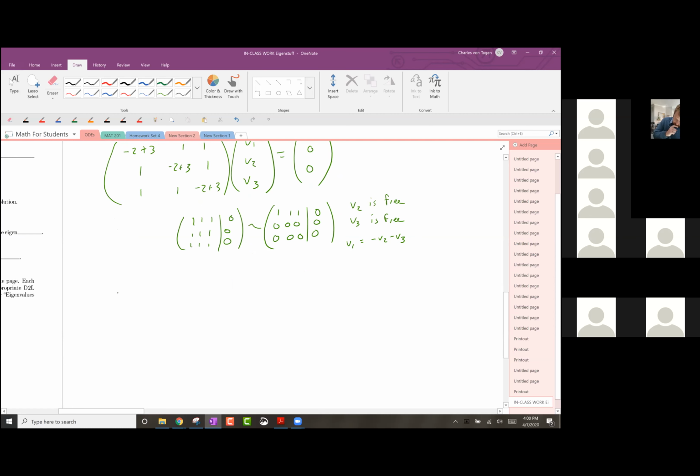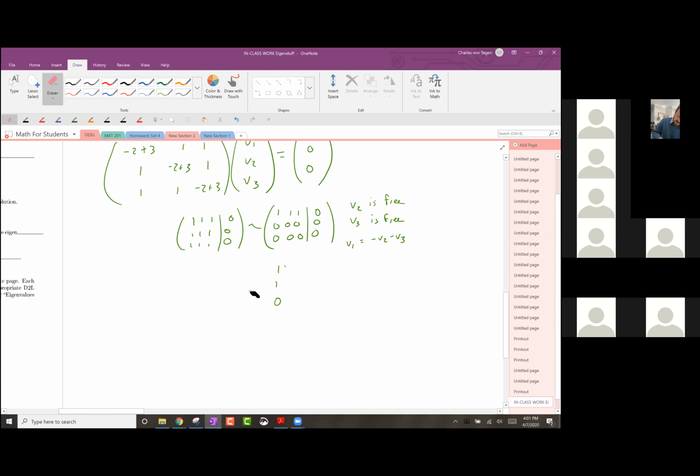I'm sorry. That's not what I want to do. That's a fib. What I want to do is write this the way I had you practice writing these way back when we were doing these systems of equations. And so we could rewrite this solution as whatever our choice is for V2, so let's call it R times negative 1, 1, 0.